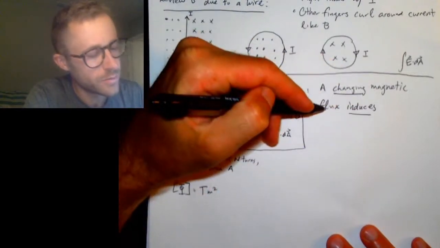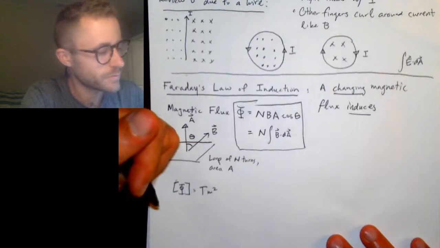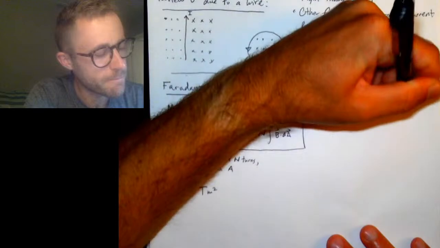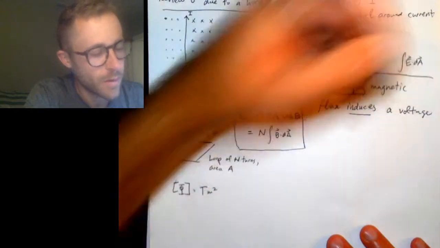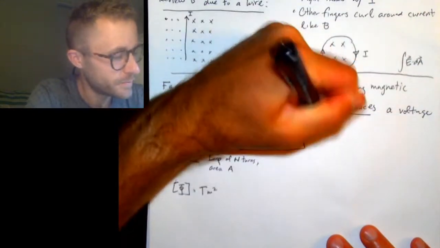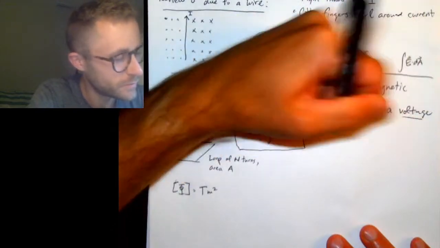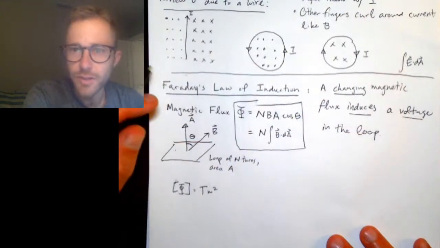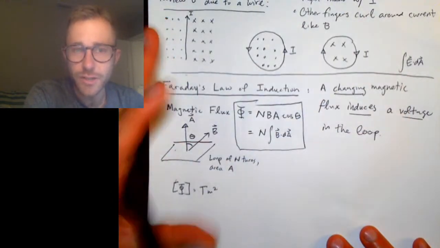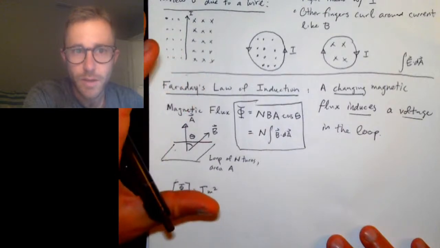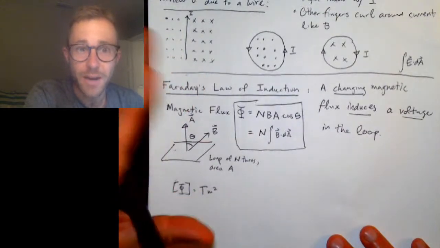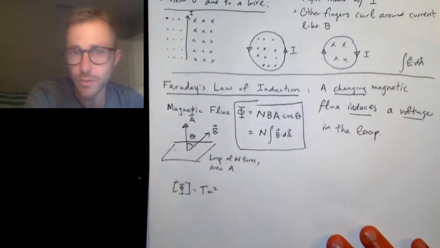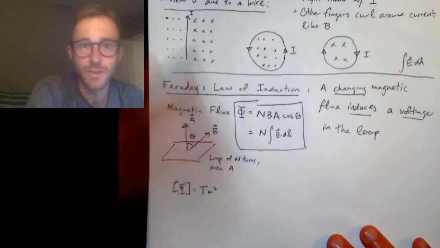A changing magnetic field induces a voltage in the loop. It's weird. It's like a changing magnetic field makes it so that there is a battery in the loop, even though there is no battery, or there could be a battery, but it acts like an additional battery.